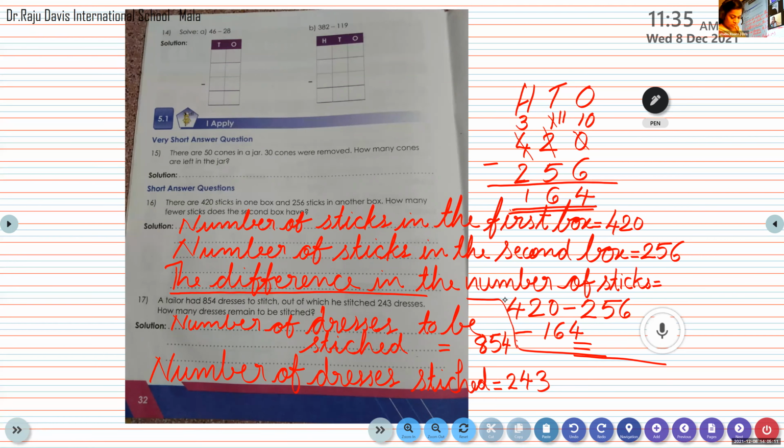Those who completed, please be silent. Some join late. That is the problem. Some have network issues. Those who are having network issues cannot join at the correct time.